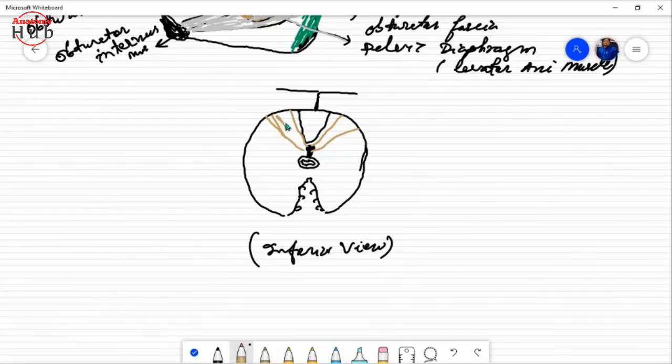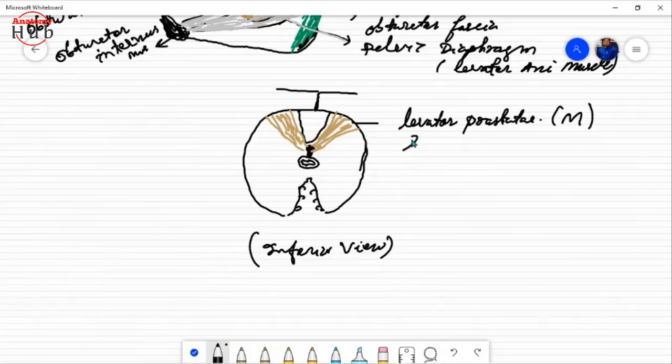So here is a muscle, right? This muscle will be known as your levator prostatae in male, and sphincter vaginae in female.